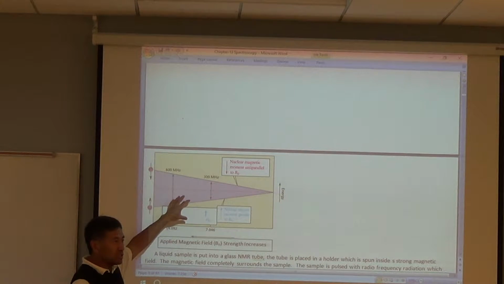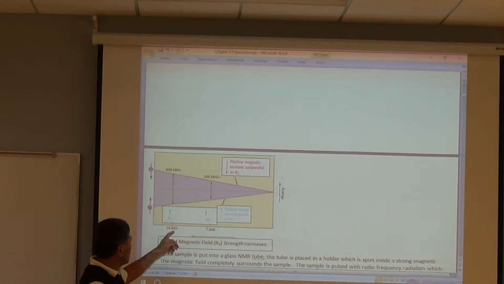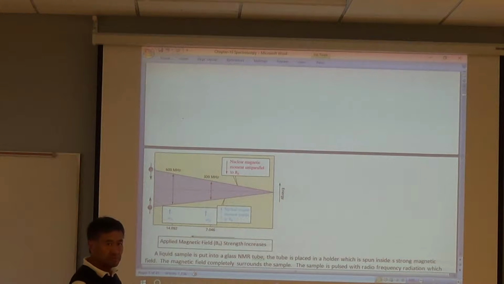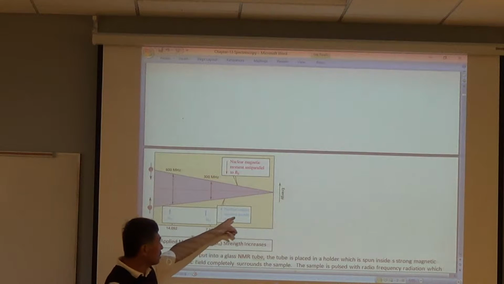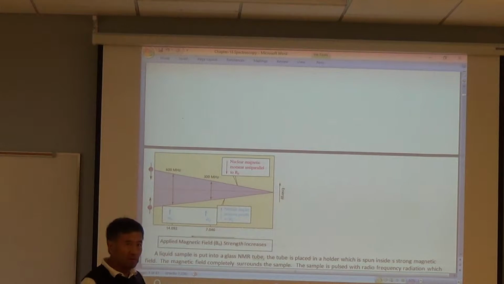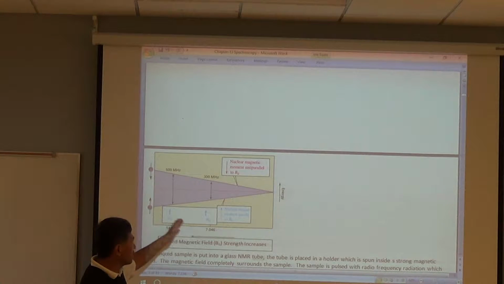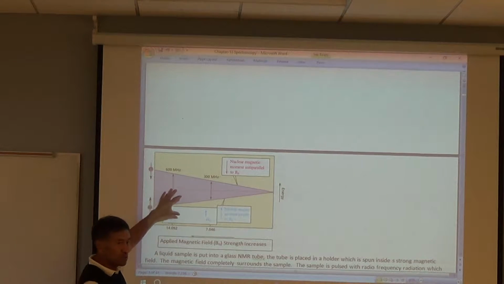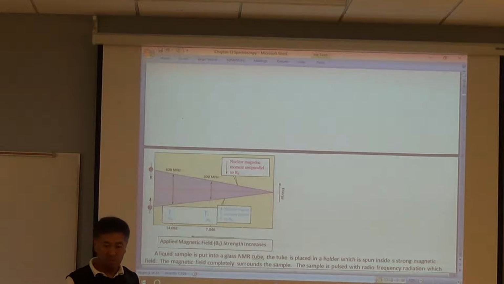The gap increases as B0 increases. On this side the external magnetic field is 0. If you increase B0 larger and larger, the difference between the two levels gets larger and larger.